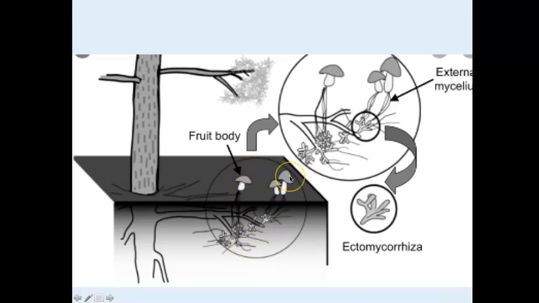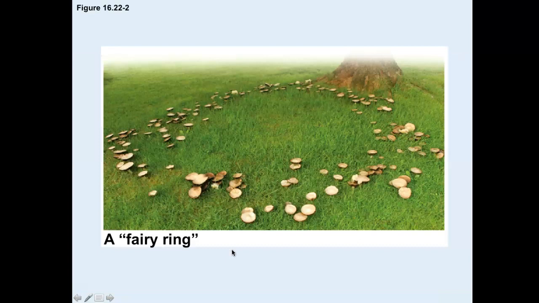So these two mushrooms are the same fungus. You can't see their connection underground. And then this is a great example of that process where a fairy ring, so this circle of mushrooms, is all the same organism. So every single mushroom you see is just the reproductive portion that comes above ground, but really the working part of the fungus that's digesting away that organic matter is underground.